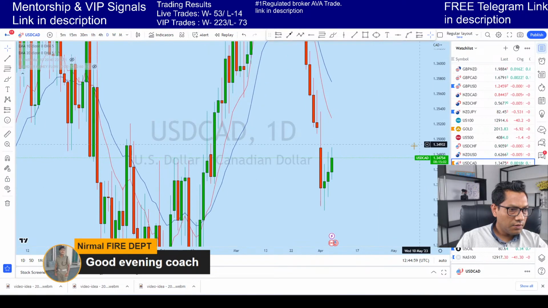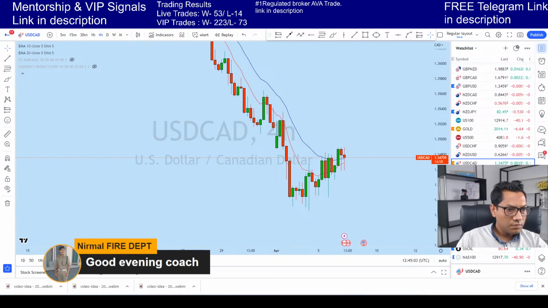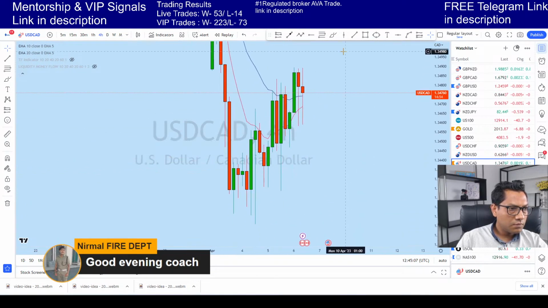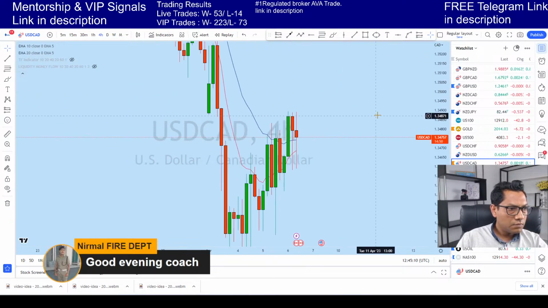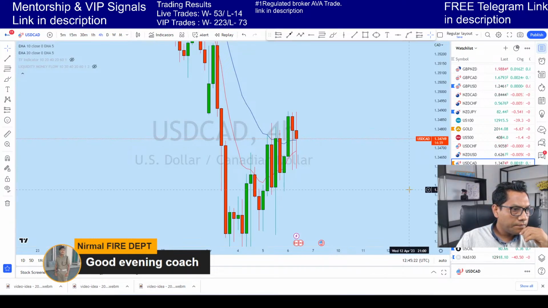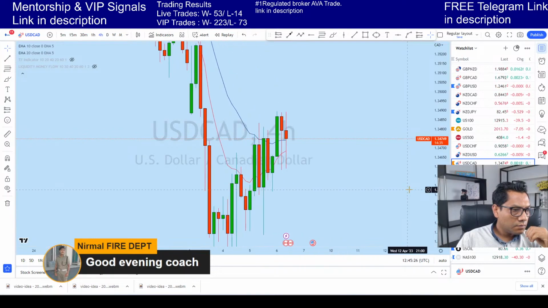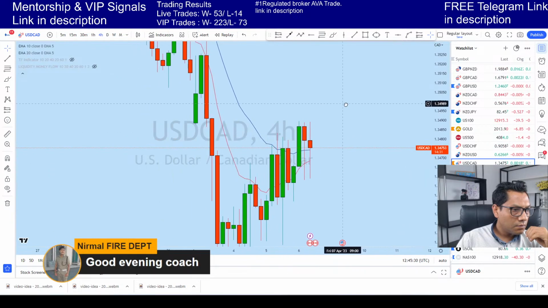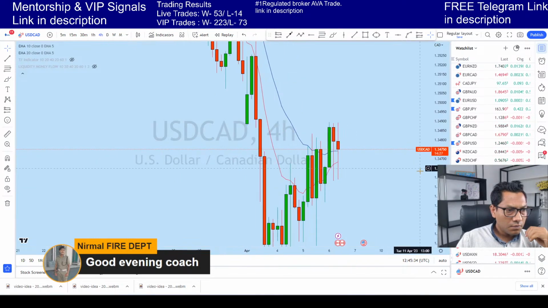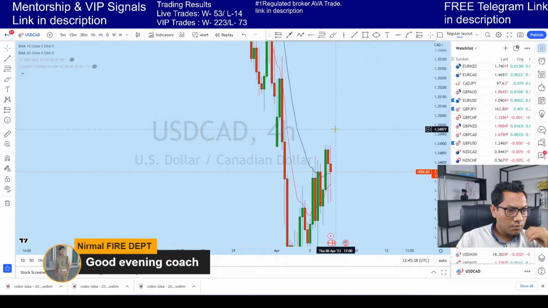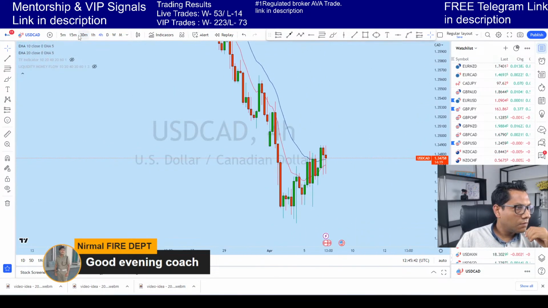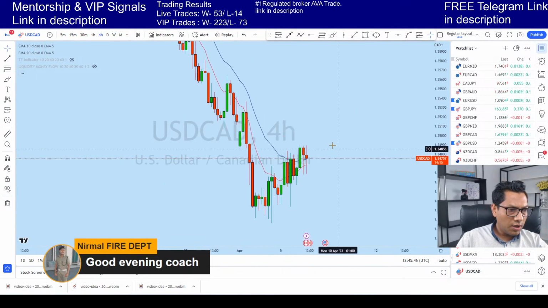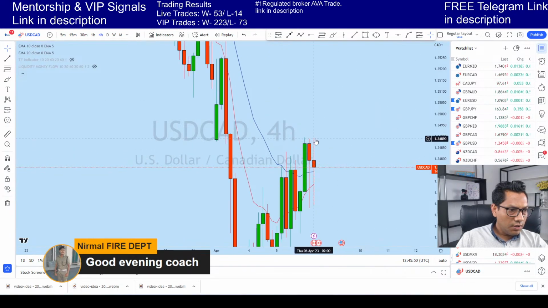From the daily, it looks like the dollar CAD is pushing high, and from this zone you should be able to see a drop.